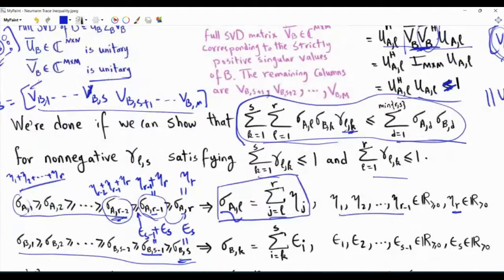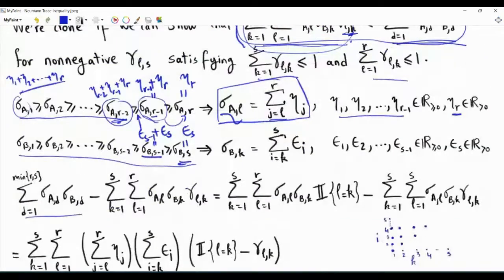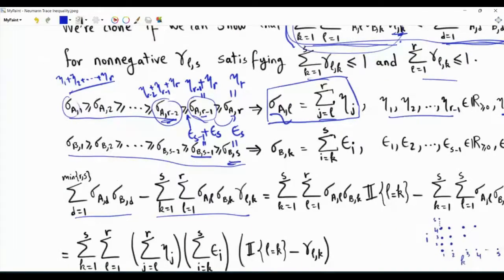Before doing that, this inequality will be proved by moving this to the other side and showing that this single sum minus this double sum is non-negative. Okay, so we'll take the single sum minus the double sum. We will combine them by converting this single sum into a double sum.